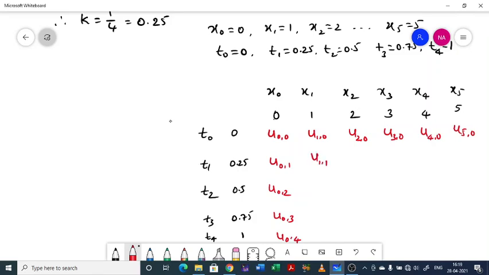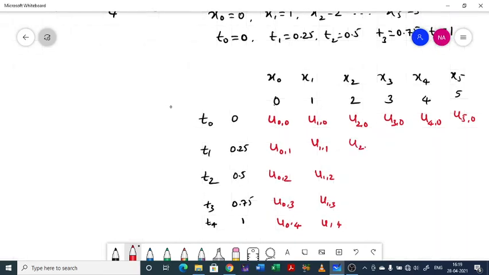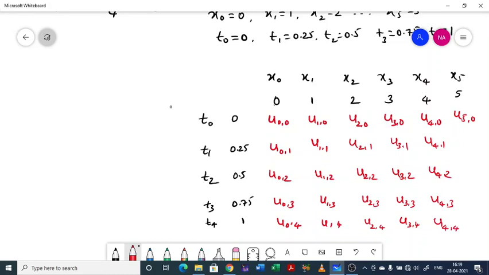And next u 1, 1, u 1, 2, u 1, 3, u 1, 4. u 2, 1, u 2, 2, u 2, 3, u 2, 4, u 3, 1, u 3, 2, u 3, 3, u 3, 4, u 4, 1, u 4, 2, u 4, 3, u 4, 4, u 5, 1, u 5, 2, u 5, 3, u 5, 4.